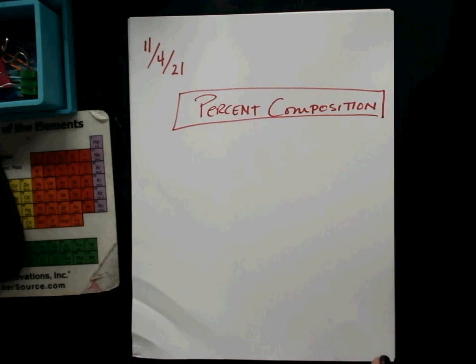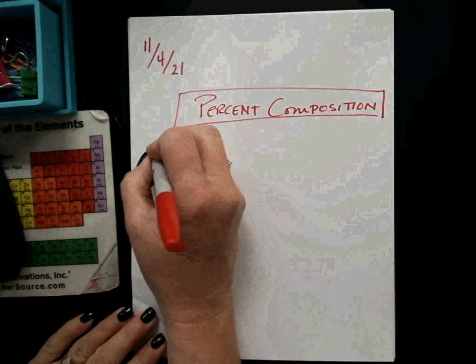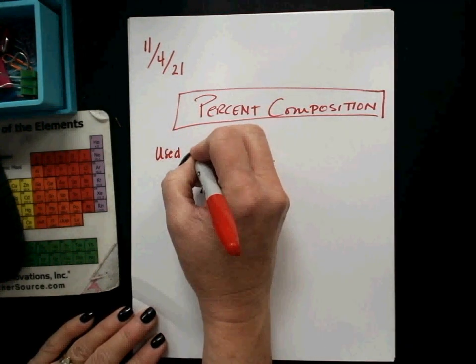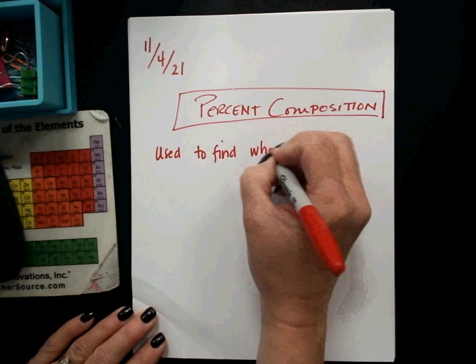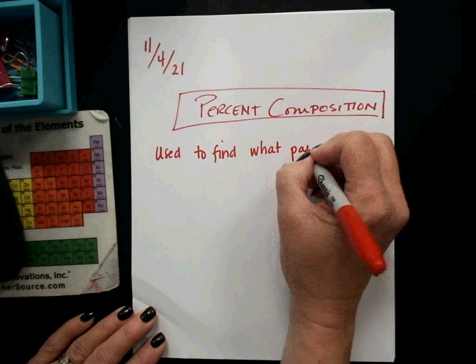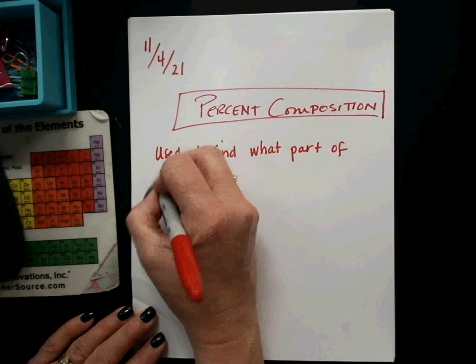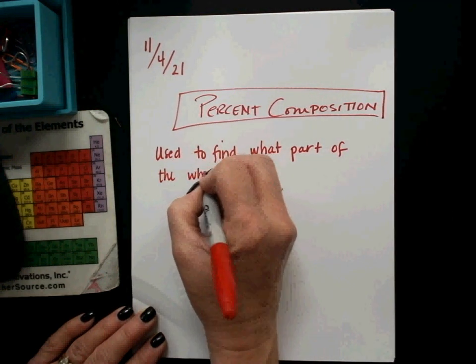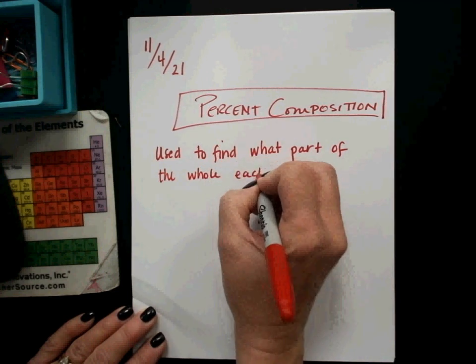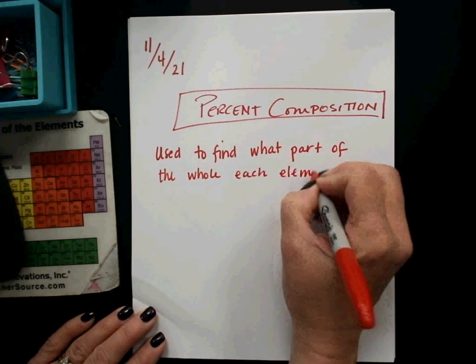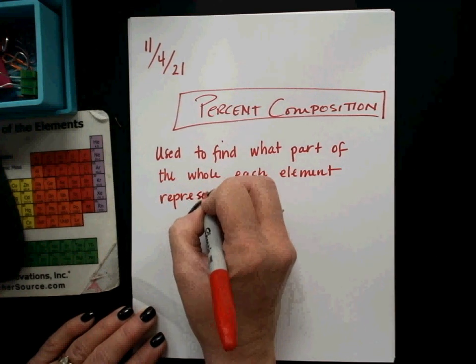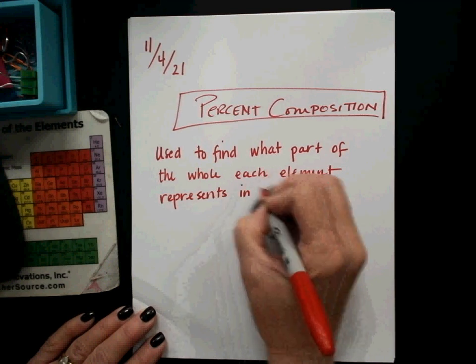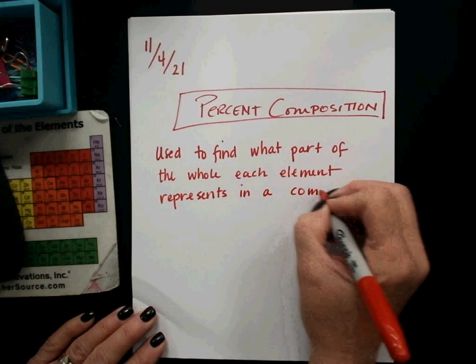Okay, so we use percent composition for one reason. It's used to find what part of the whole each element represents in a compound.